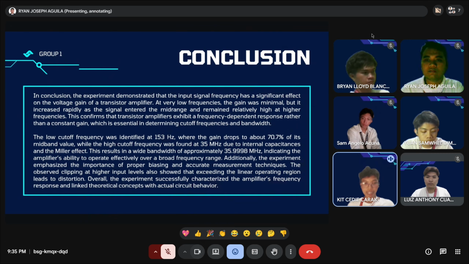This also highlights the importance of proper biasing in our measurements, while observing the clipping demonstrates the limit of linear operation. So overall, the experiment is very successful in showing the frequency response behavior of the transistor amplifier.